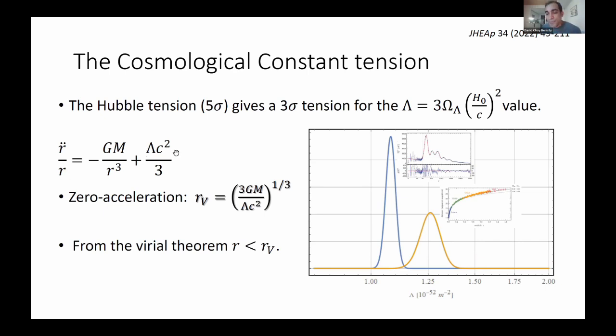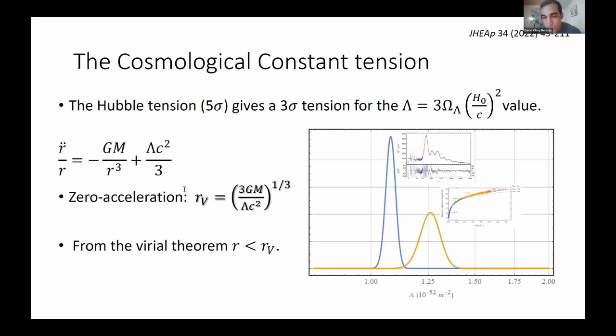Now, to know on which scales lambda is important for these galaxy groups, before going to simulations I can just do a back-of-the-envelope calculation. If I take the force, the Newtonian attraction for certain bodies, and the repulsion, and set the sum to zero, I get what's called the zero acceleration surface.